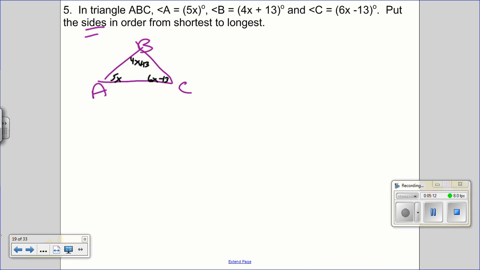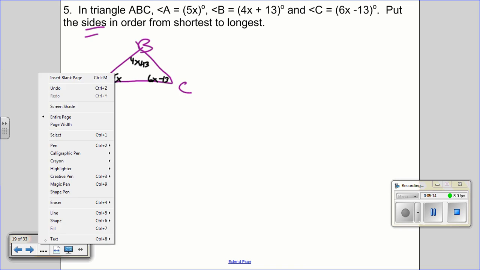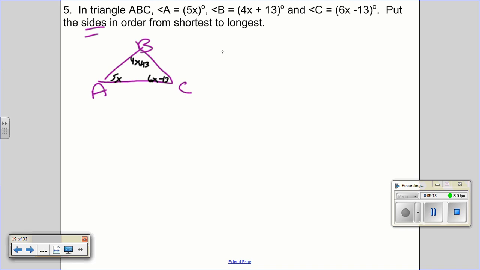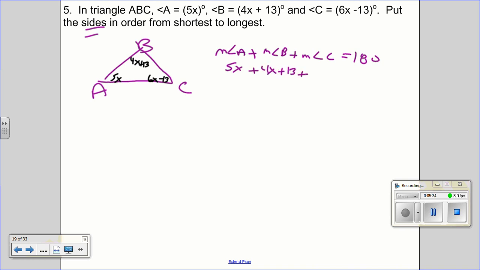Again, what's the grand sum? 180. So that means the measure of angle A plus the measure of angle B plus the measure of angle C equals 180. In other words, 5x plus 4x plus 13 plus 6x minus 13 equals 180.